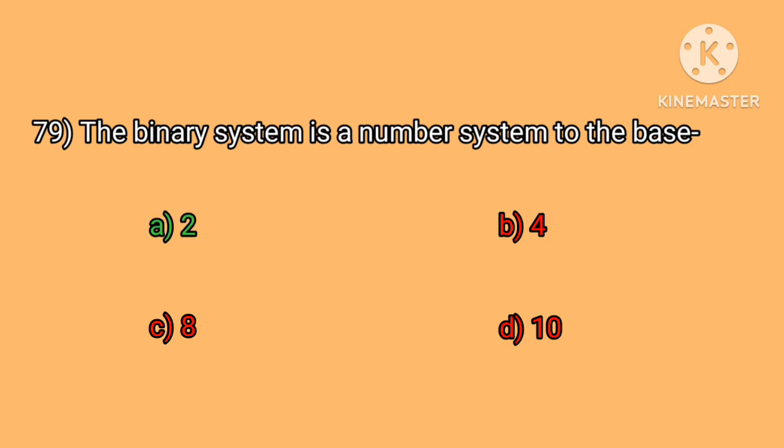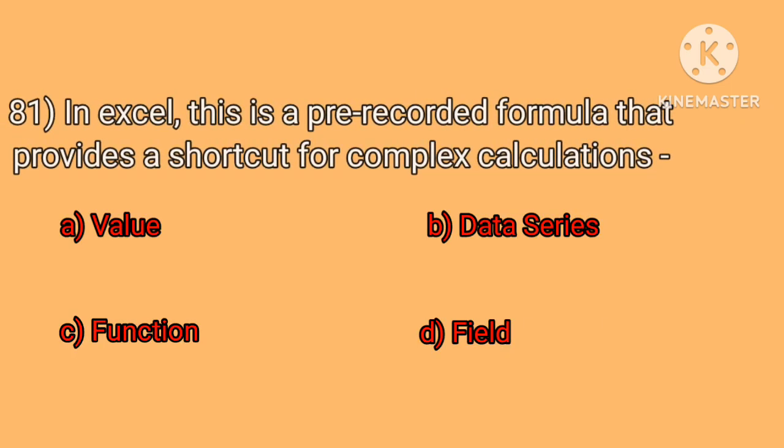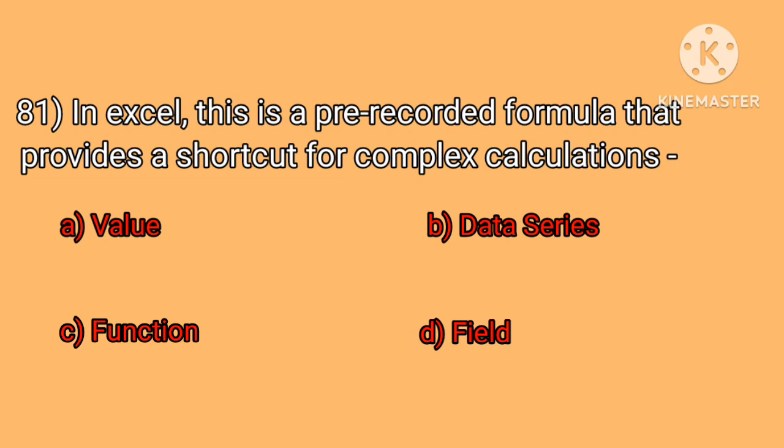Two means A option is correct answer. Which of the following is not an example of hardware? Interpreter. In Excel, this is a pre-recorded formula that provides a shortcut for complex calculations.